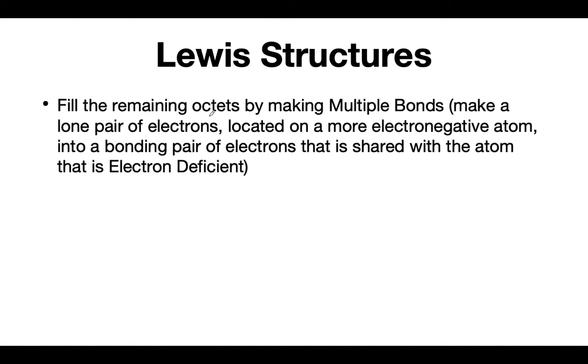Fill the remaining octet by making multiple bonds, making a lone pair of electrons located on the more electronegative atom into a bonding pair of electrons that is shared with the atom that is electron deficient. As we showed with sulfuric acid, you will make multiple bonds. Let's draw that again. So this will be a double bond, and this a double bond, and oxygen.